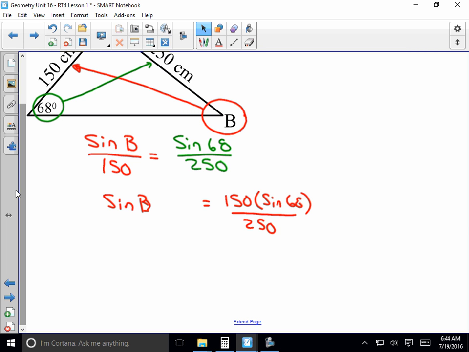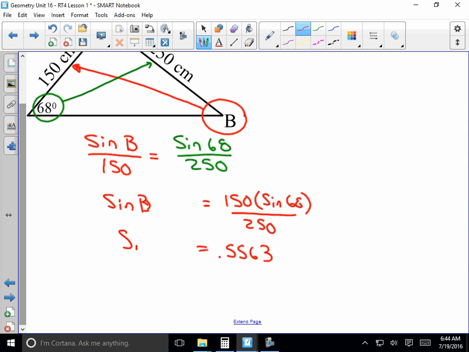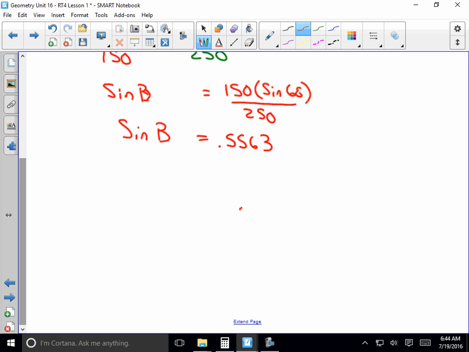Sine of 68, enter, times 150, enter, divided by 250, enter, and we get 0.5563. Notice we're going to 4 decimal places here. This really gives us good accuracy, so we don't have to worry about the fact that we're using a rounded value for this calculation.